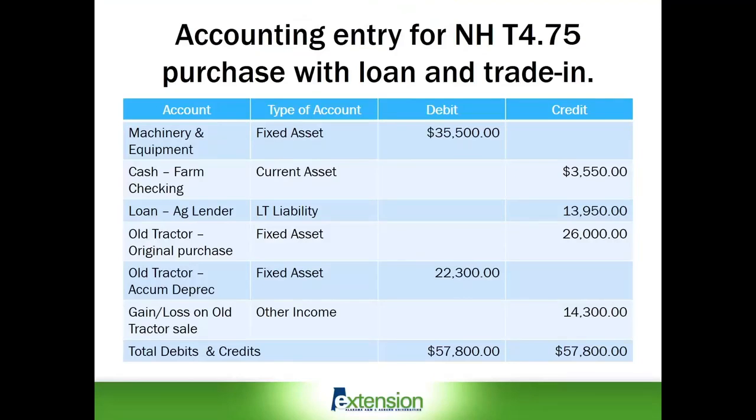Now let's briefly review the accounting entry for this check payment we entered into Excel. This is a compound entry that requires 3 documents to calculate correctly. They are, number 1, the farm equipment dealer invoice for the purchase of the New Holland T4.75 tractor. Number 2, a copy of the finance contract with the ag lender to verify the purchase price, amount financed, and length of contract.